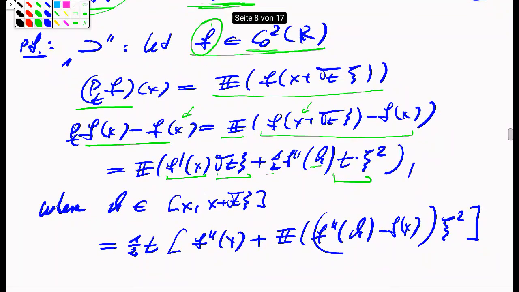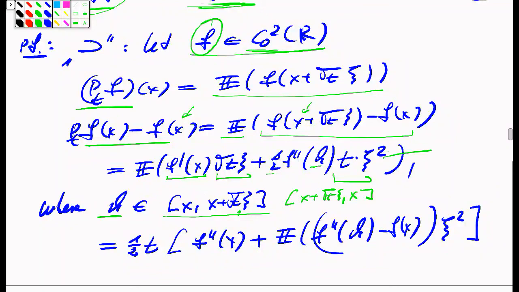Okay, here it's written again. So this theta is some point which lies in the interval between x and x plus square root of t times psi. This is correct if psi happens to assume a positive number. If not, if psi is negative, then of course we have to write that this theta needs to be in the set between x plus square root of t psi and x.